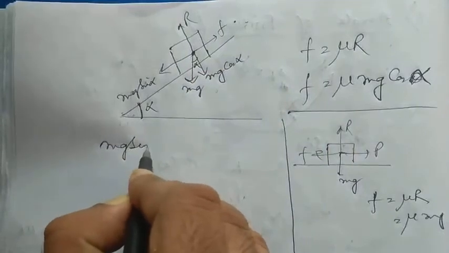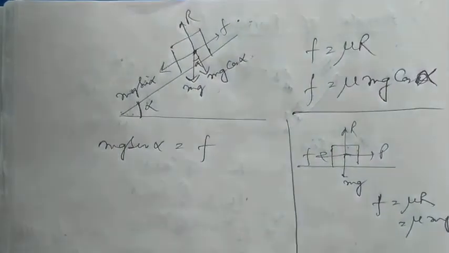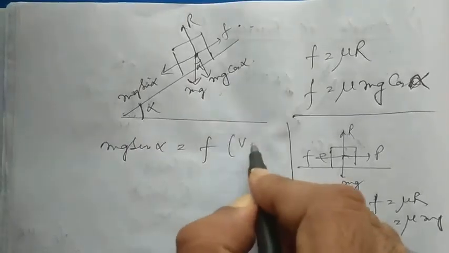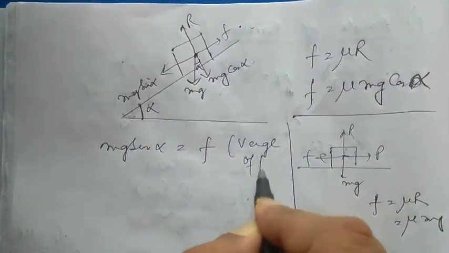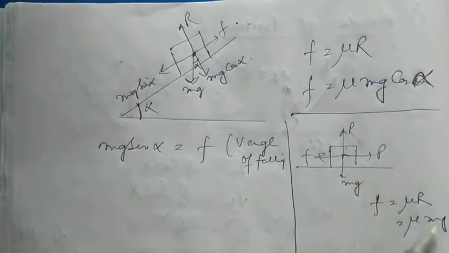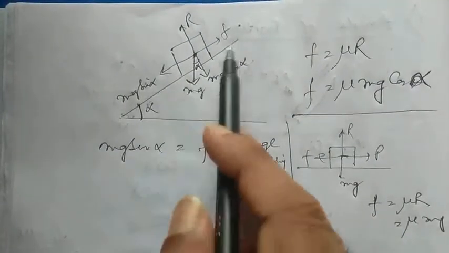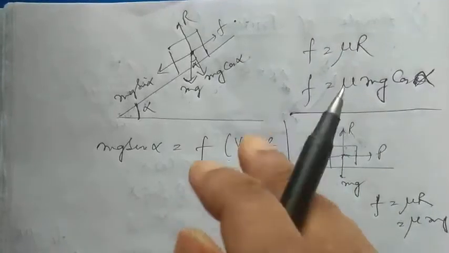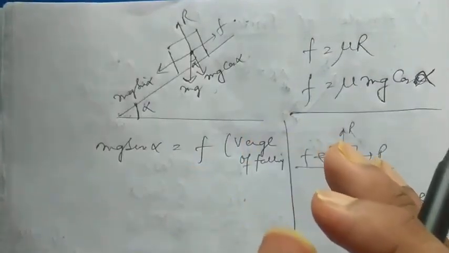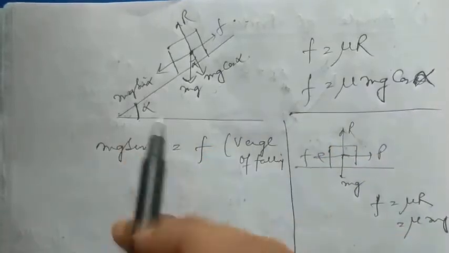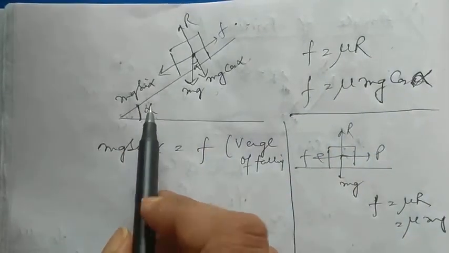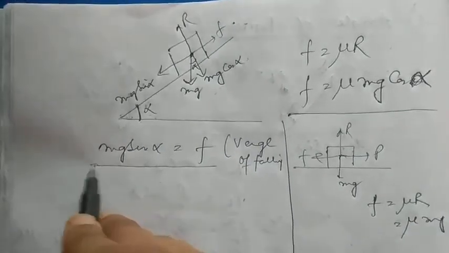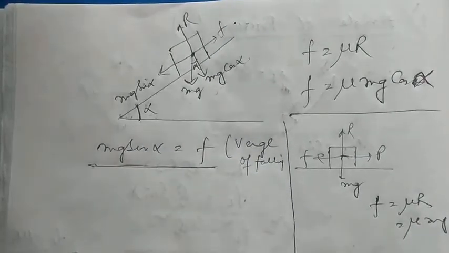So the body is on the verge of moving, that means it is just balanced. The body is on the verge of moving. That angle is known as the angle of repose. So this alpha is known as the angle of repose, where this equation is true.